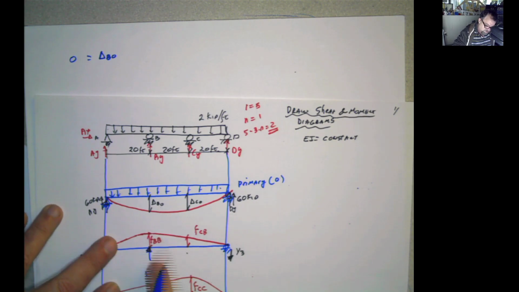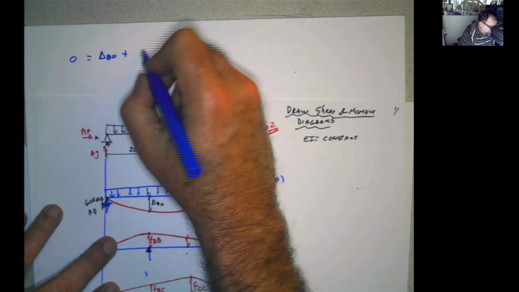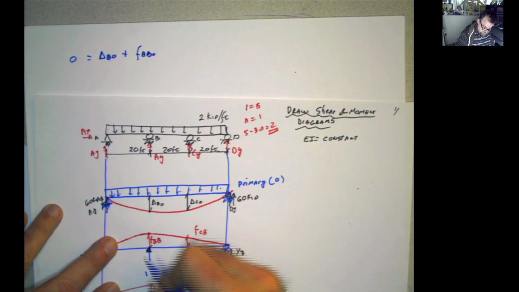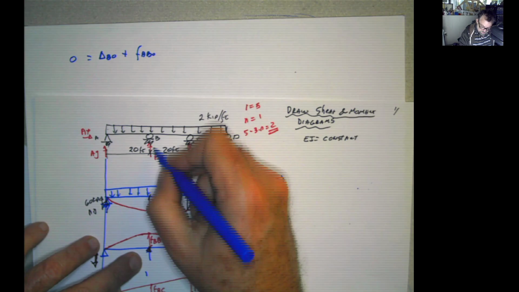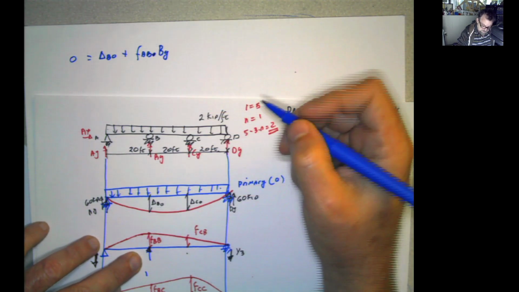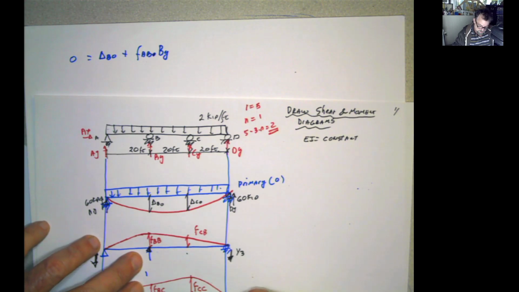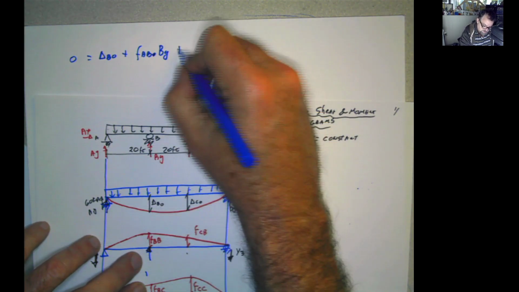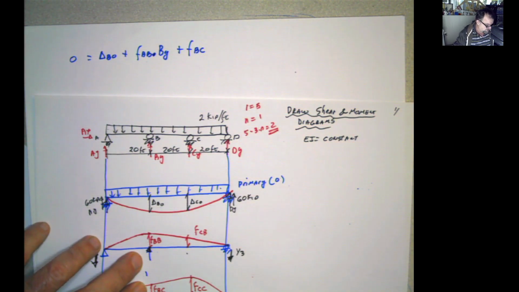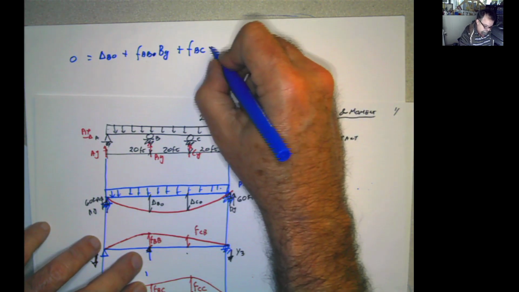The flexibility coefficient for this one is going to be FBB times, that was for 1, but what I'm looking for is BY. So times BY. And when I push it here with 1, it's producing FBC. But I'm not going to push it with 1. I'm going to push it with CY.